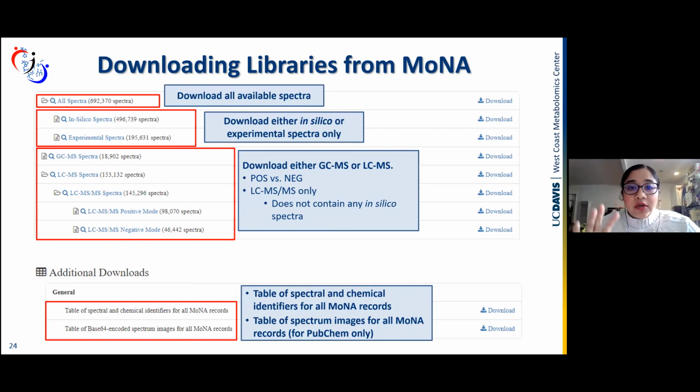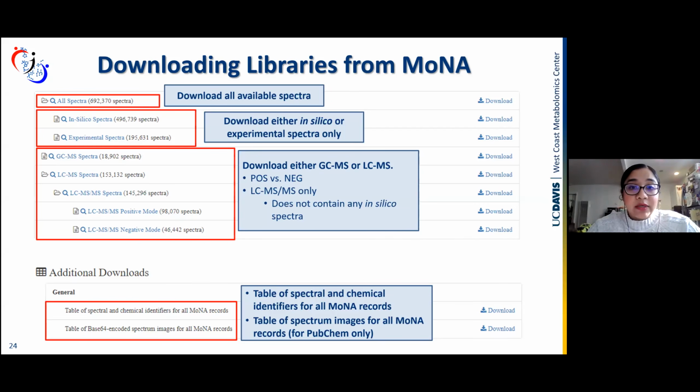In the upper portion of the page, you can download all spectra, in silico spectra only, or experimental spectra. There are further breakdowns of positive versus negative. And there are some additional downloads if you are a programmer who needs the spectral or chemical identifiers for all MONA records.